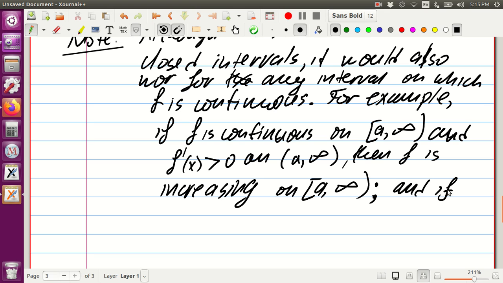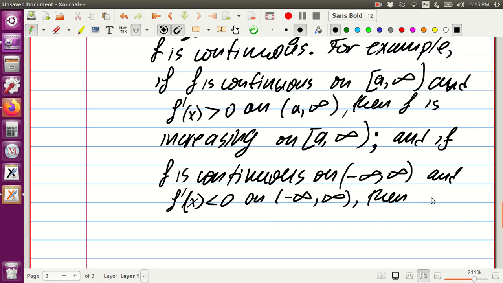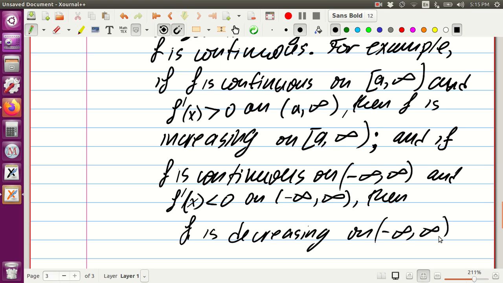And if f is continuous on negative infinity to infinity, and f prime of x is negative on negative infinity to infinity, then f is decreasing on negative infinity to infinity, and so on.